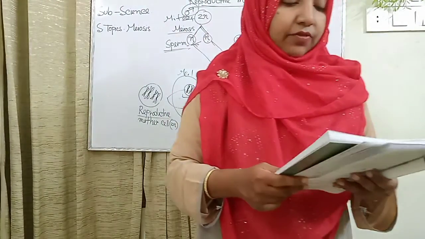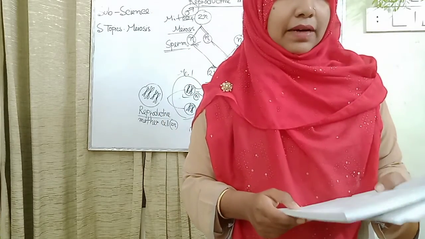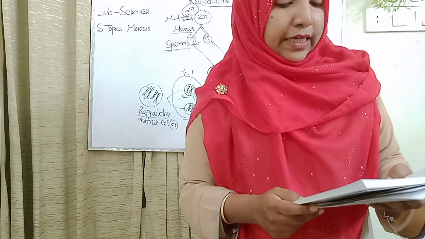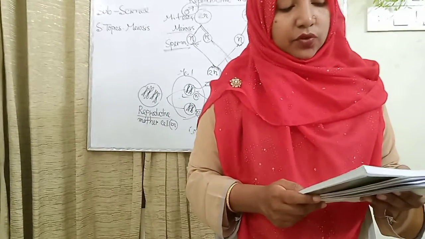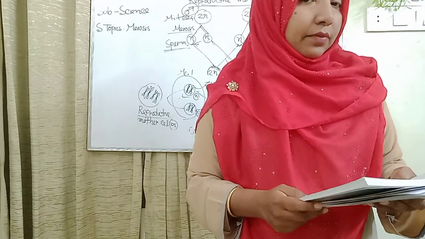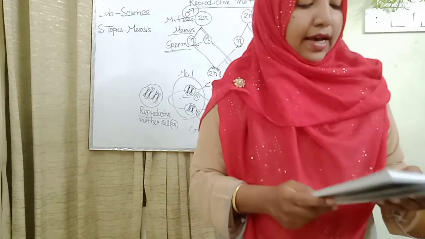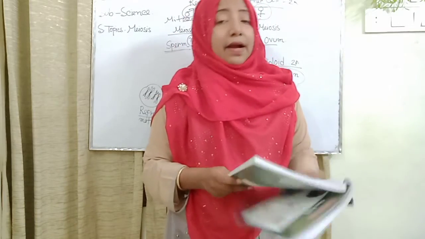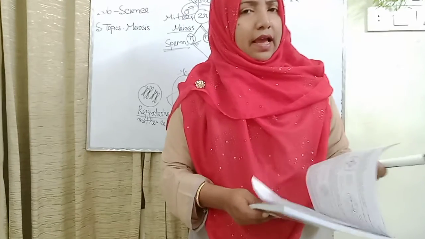During the first division, the chromosomes of the daughter cells become half of the mother cell. The second division is the same as mitosis. It means that cells produced in the first division again divide into two daughter cells. As a result, four daughter cells, haploid, are produced from each primordial cell. My dear students, today I just explained about meiosis.